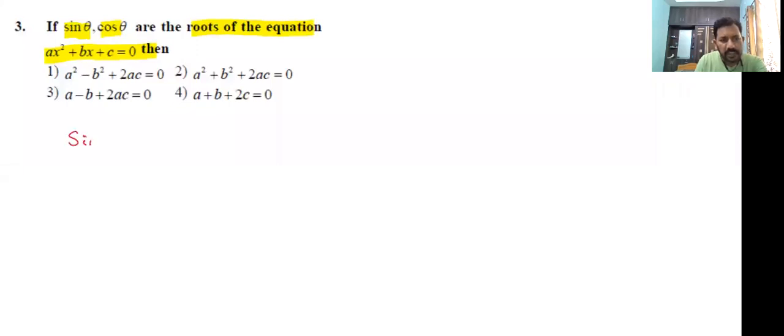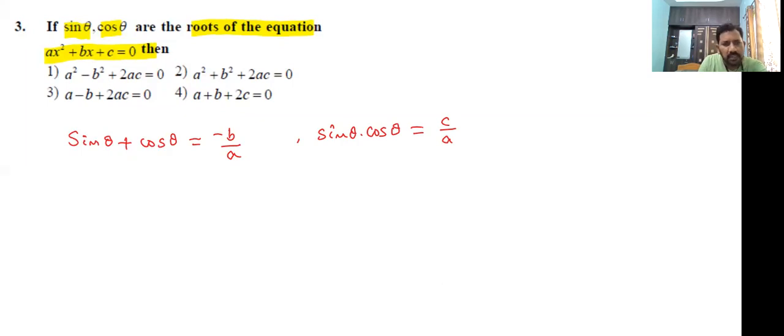Now first find the sum of the roots: sine theta plus cos theta is equal to minus b by a. Product of the roots: sine theta into cos theta is equal to c divided by a.